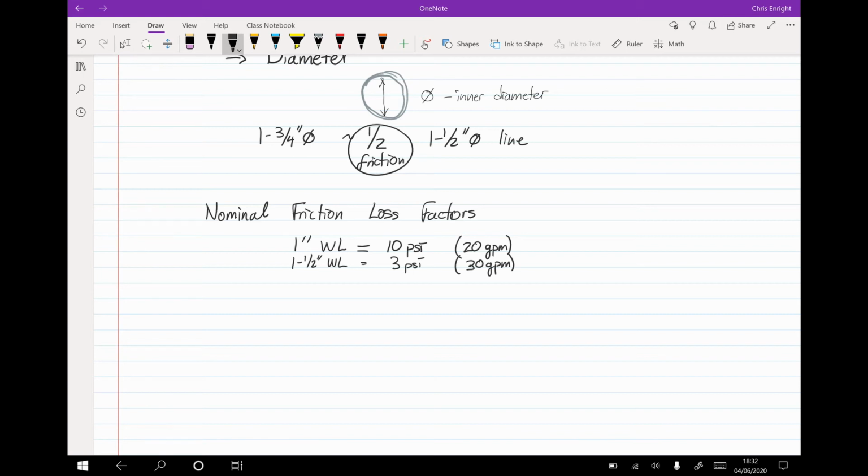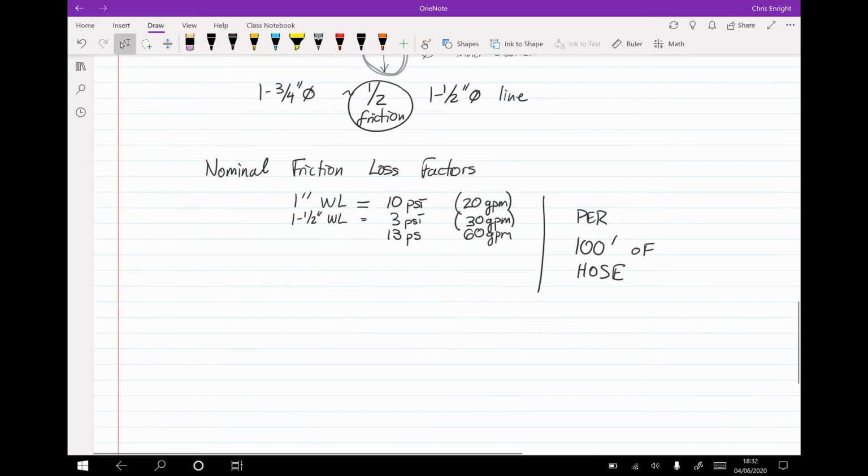As we increase that flow rate, so we go up to 60 GPM, that turns into 13 psi. And again, these are all per 100 feet.